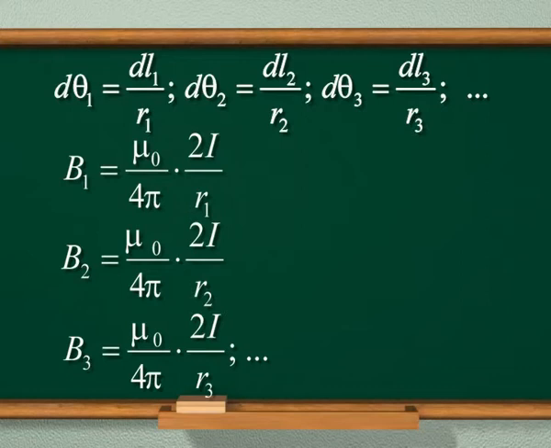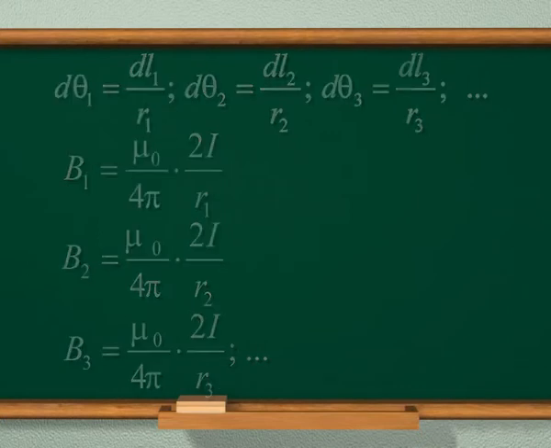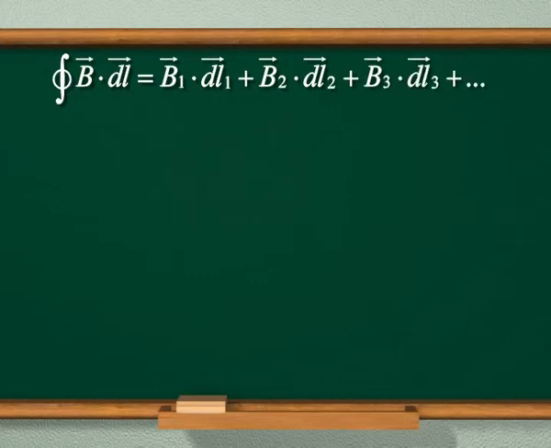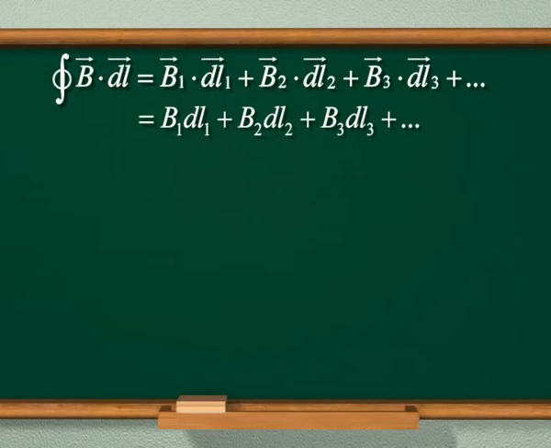In each case, the magnetic field induction B and current element vector dl are in the same direction. Therefore, the line integral of B around the arbitrary closed path is equal to the sum of B1 dot dl1 plus B2 dot dl2 plus B3 dot dl3 and so on, also equal to the sum of B1 dl1 plus B2 dl2 plus B3 dl3 and so on.